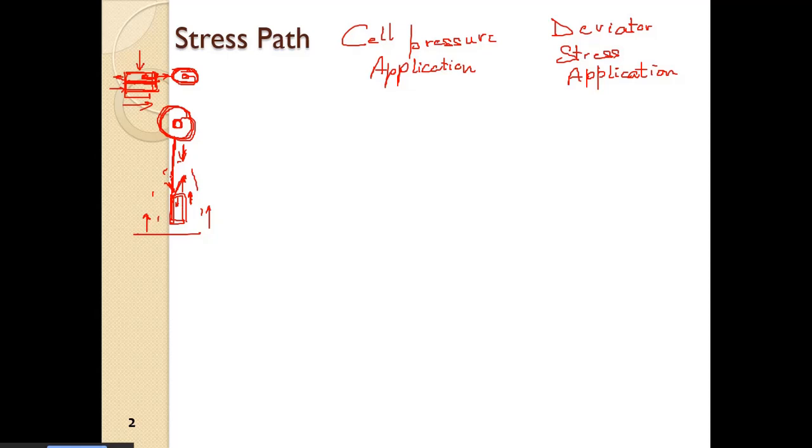And ultimately when the sample shears, we see that the reaction becomes constant, the force between the two becomes almost constant, and we see that sigma deviator becomes constant. So we have two stages, one is cell pressure, one is deviator stress application, and in both the two stages either we can keep the soil in the undrained state, or we can allow drainage.